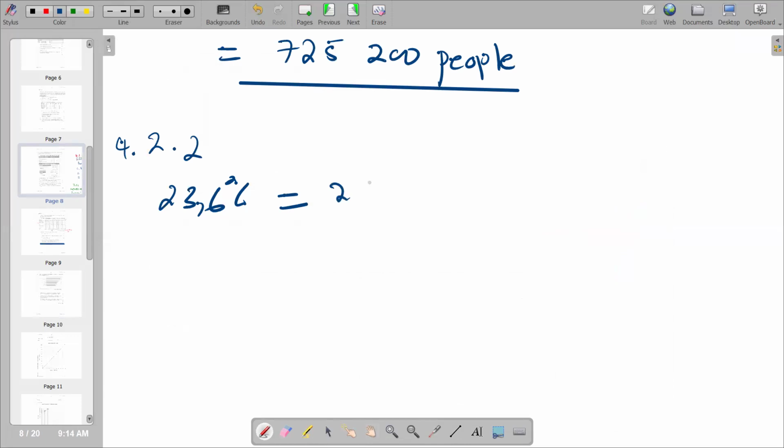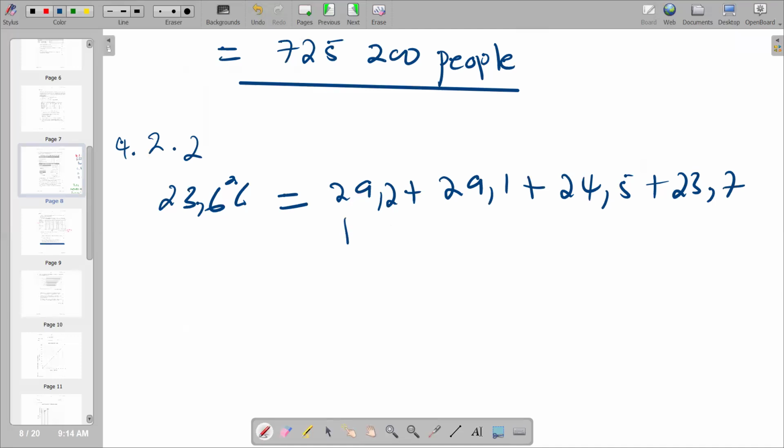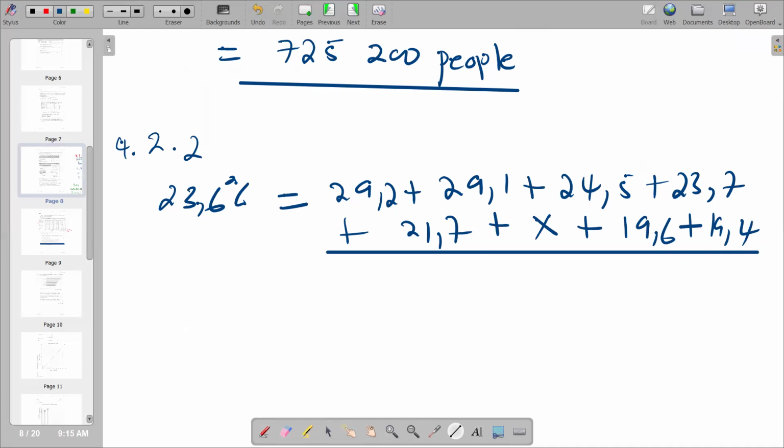Whereby we're going to say 29.2, we add 29.1. So we have our eight figures, and then we divide by 8.